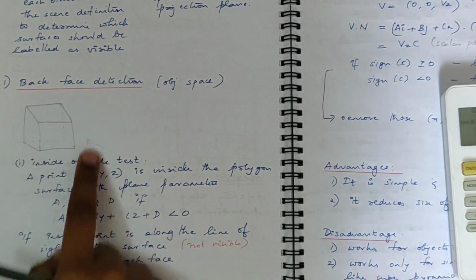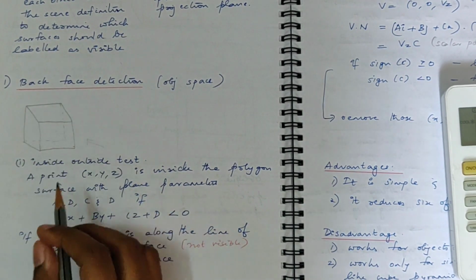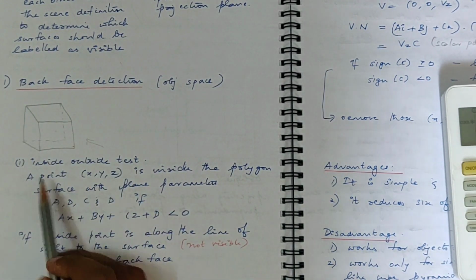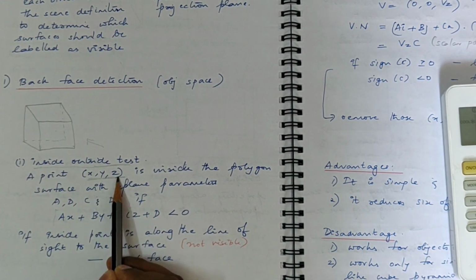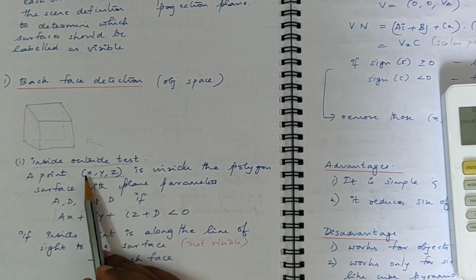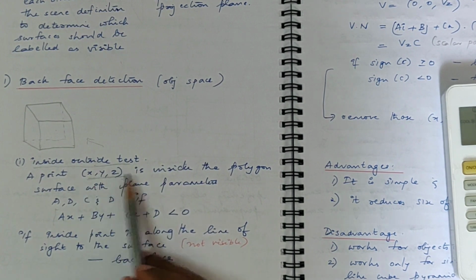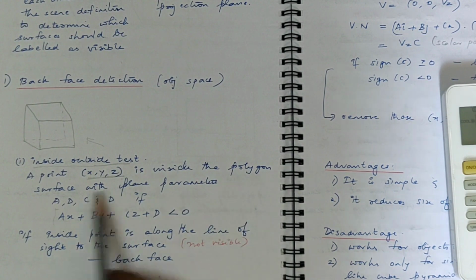In order to determine the back face, one basic step that we can start with is the inside-outside test. You take any point (x, y, z) and determine whether that point is inside the polygon surface.